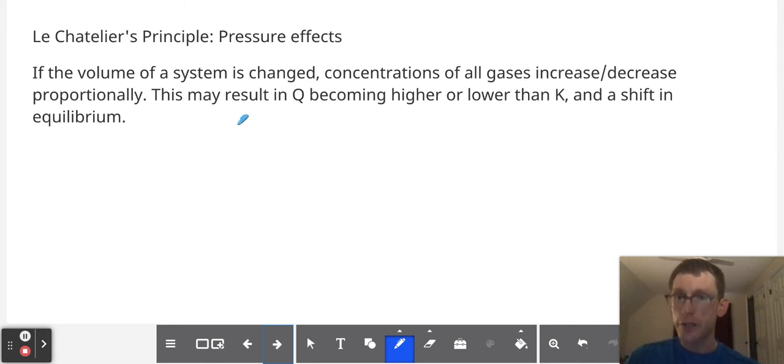Next, we have pressure. And pressure is complicated because, well, okay, if we change the system's volume, then it's changing the pressure, right? If we have a bunch of gases and the volume in which they are contained is changed, then the concentration of gases will change.